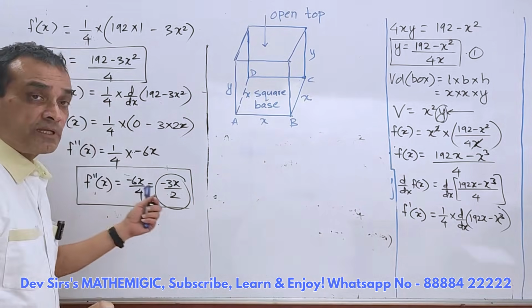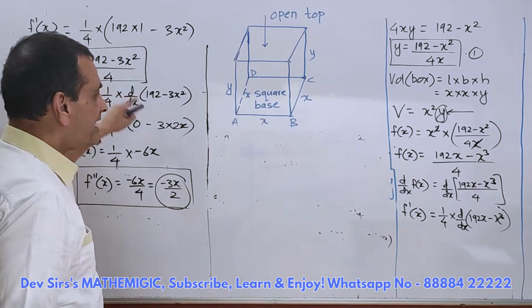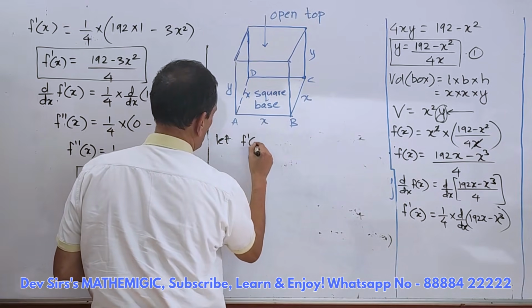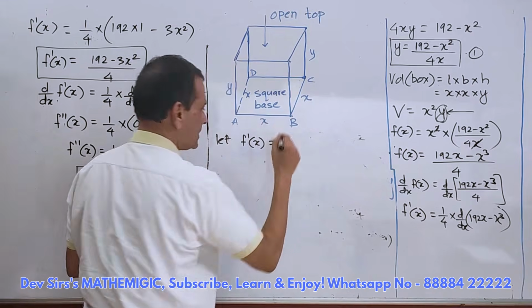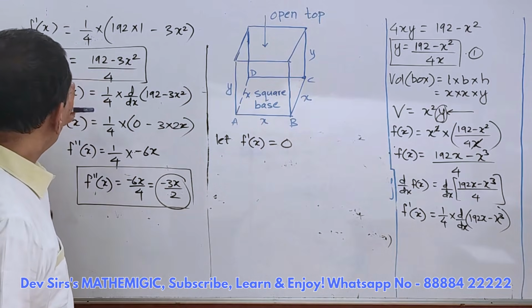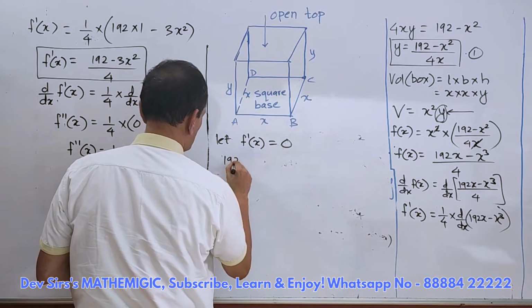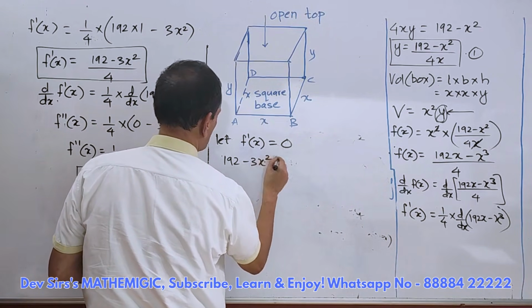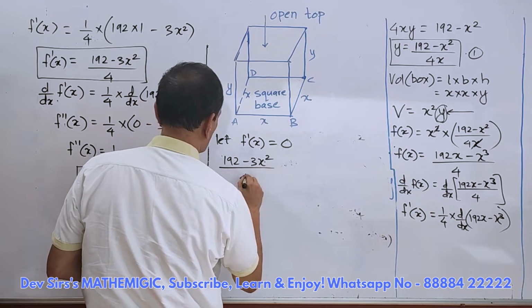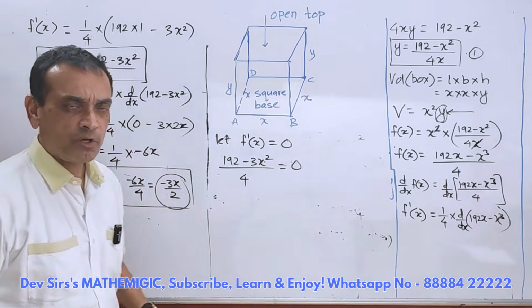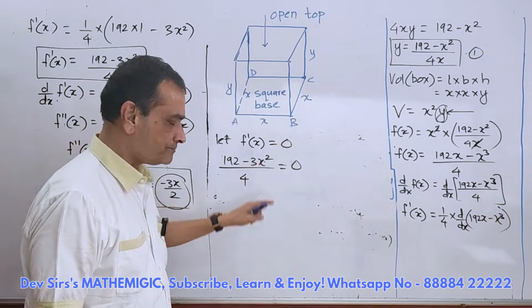Okay. Now the method is, put f dash x equal to 0. So 192 minus 3x squared over 4 equals 0. This step is necessary because you have to find the value of x.